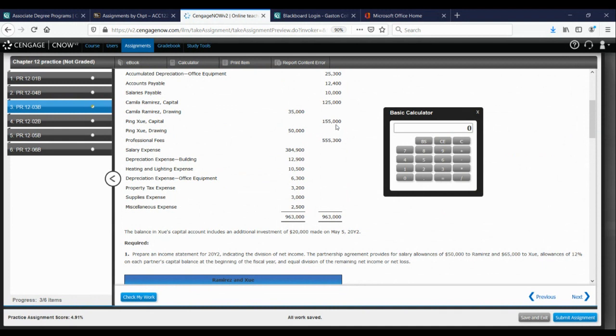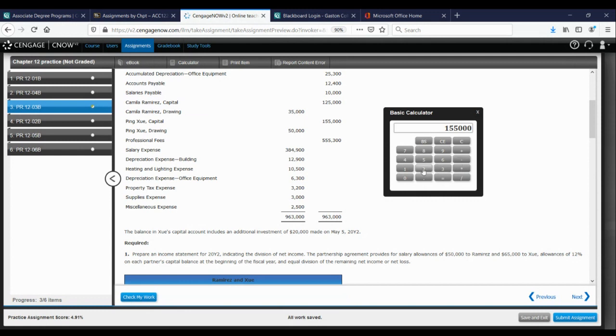So your capital balance was $155,000 at the end of the year. That was given, but we have to back out the $20,000 additional investment that was made on May 5th in order to determine the beginning capital balance for you.